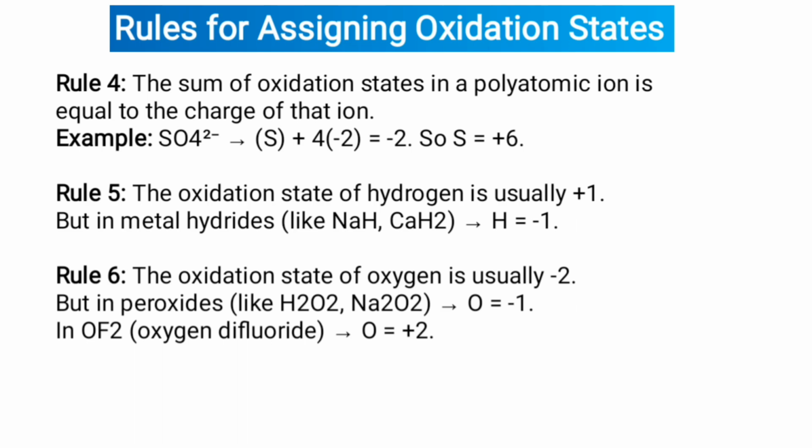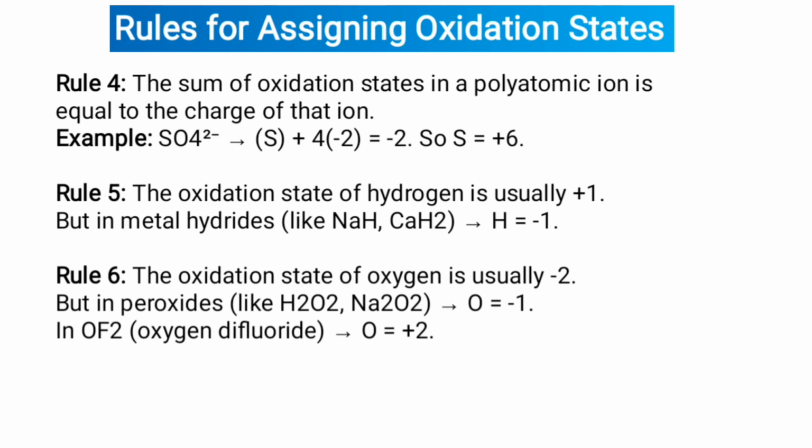And rule 5, the oxidation state of hydrogen is usually +1, but in metal hydrides like NaH and CaH2, hydrogen has -1 oxidation state.